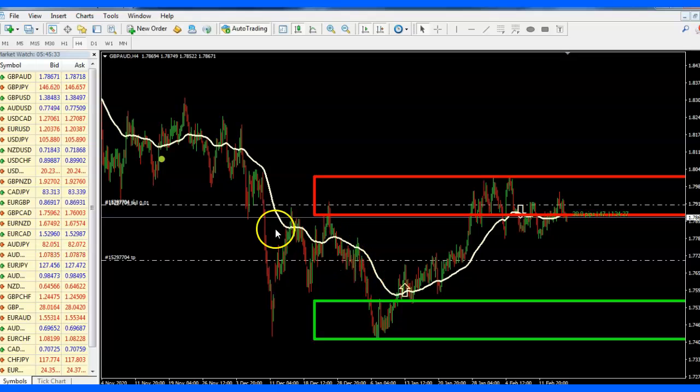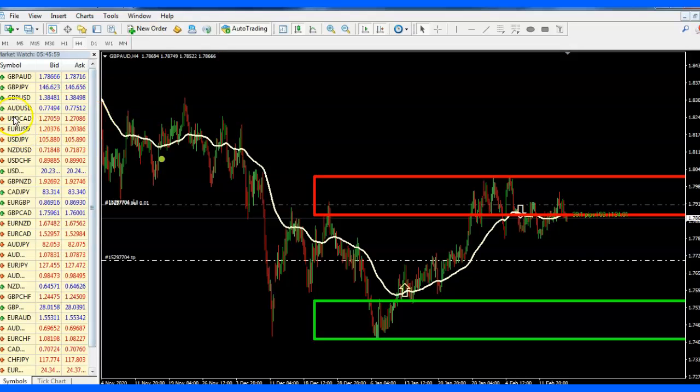I only use the MA, and I use the arrows. I also use the zones, which are very important. So I'm going to explain a very simple strategy that you can use and test. Please, before you invest any money on this, test it before anything, so you know exactly what you're doing.